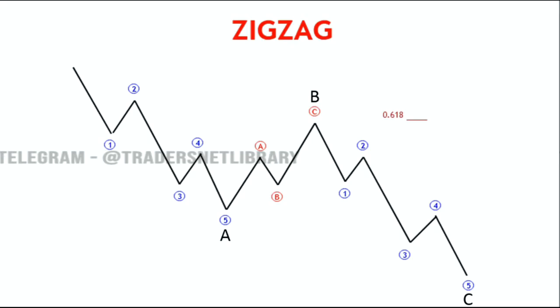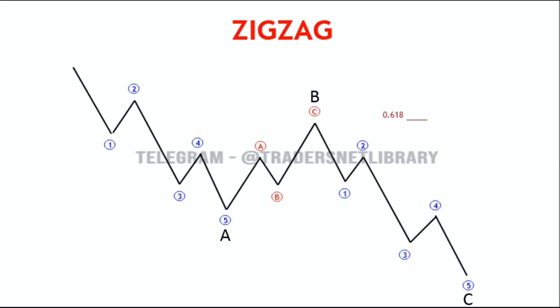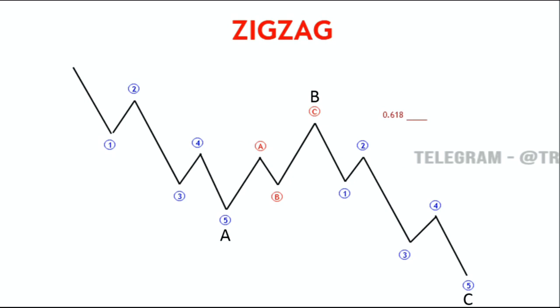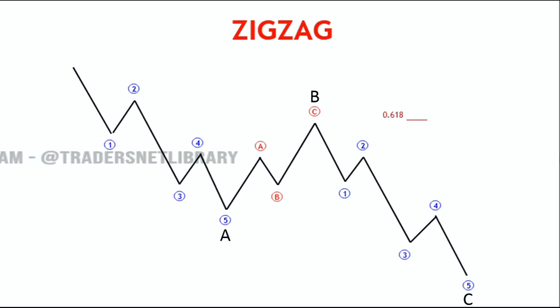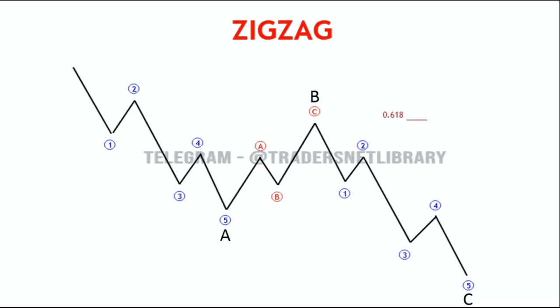The zigzag pattern has 3 waves: wave A, wave B, and wave C. It has a structure of 5-3-5, which means that wave A has a 5-wave structure, wave B has a 3-wave structure, and wave C has a 5-wave structure.